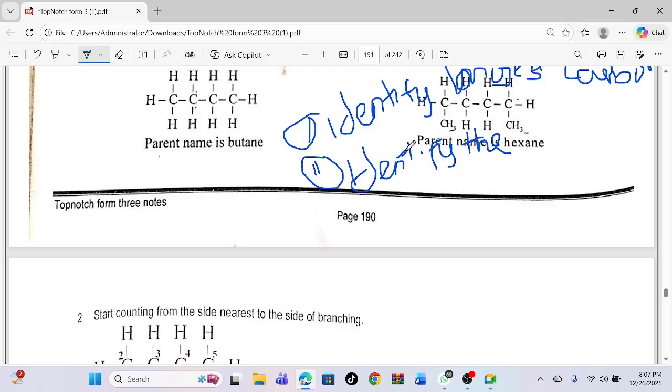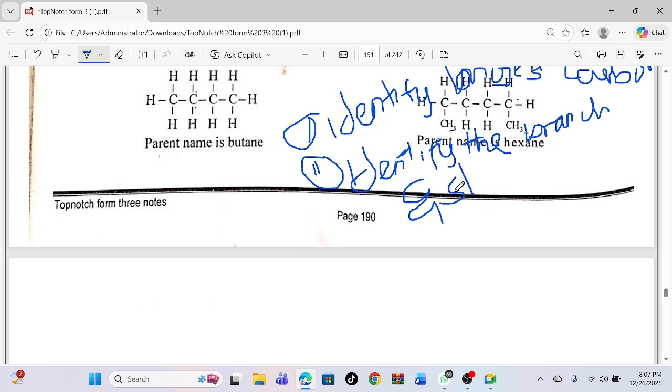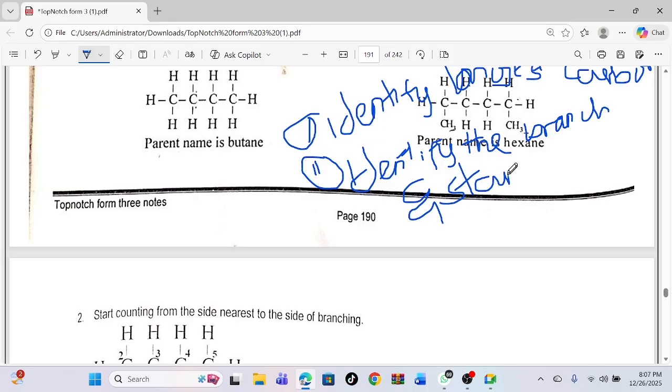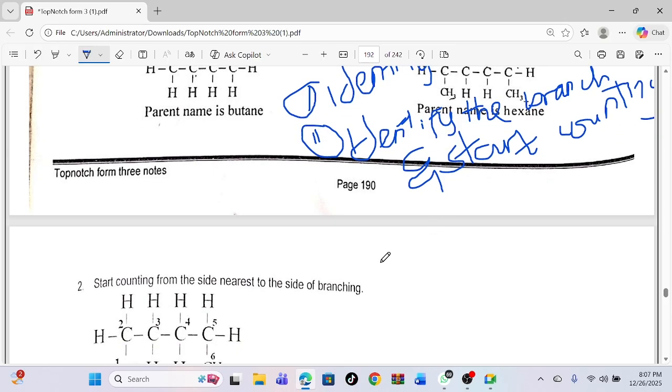So identify the branch and start counting where the branch is closer. That's number two.